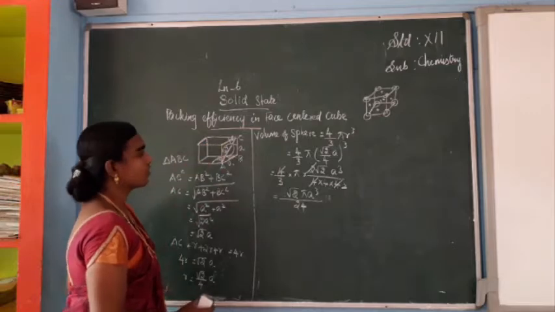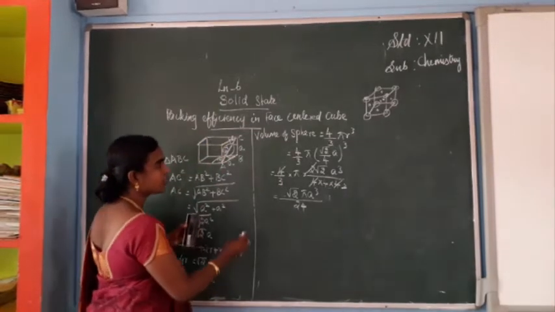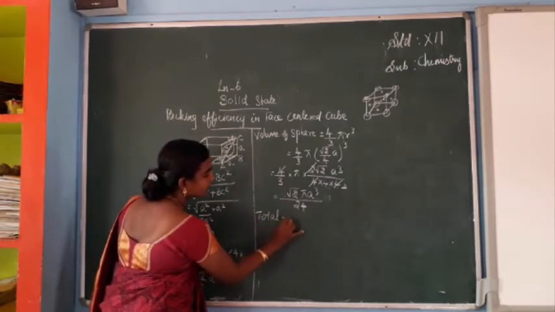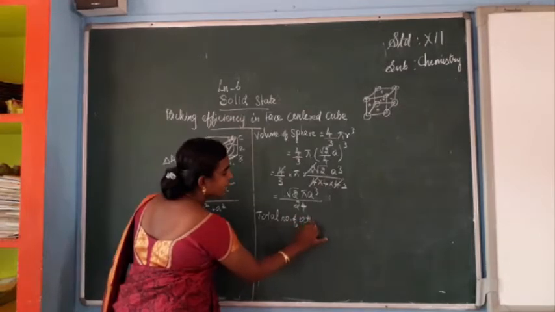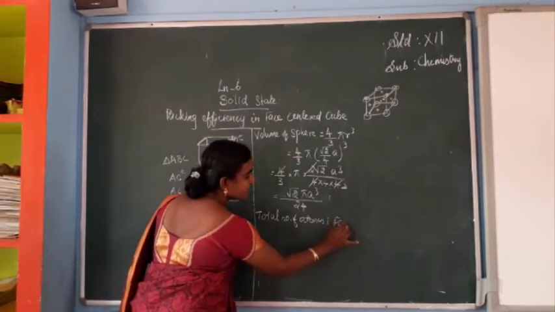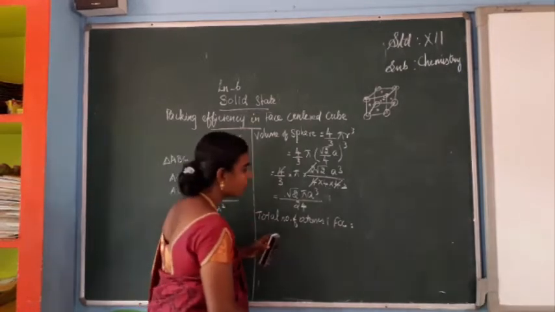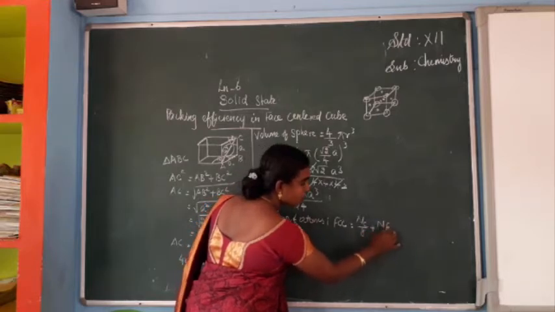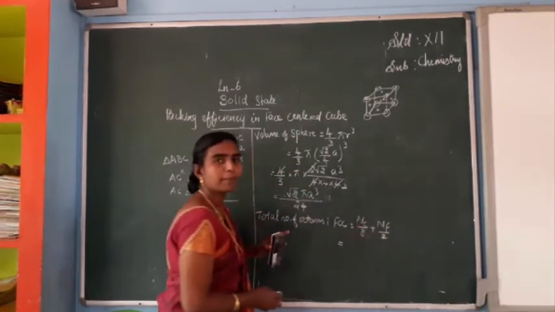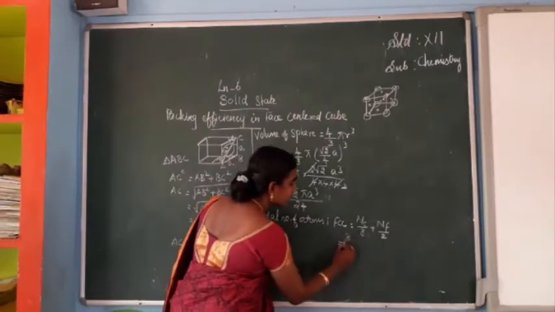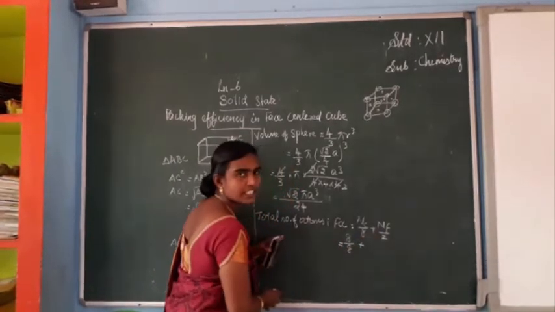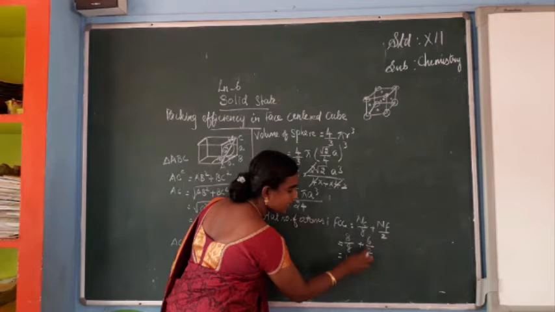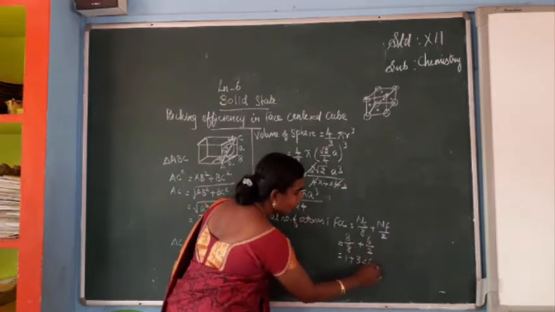For face-centered cube, how can we calculate the total number of atoms? Total number of atoms in FCC is equal to NC by 8 plus NF by 2, where NC is number of corners, 8, divided by 8, and number of faces 6 divided by 2. That equals 1 plus 6 by 2, 3, equal to 4.